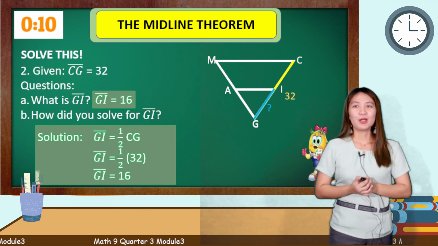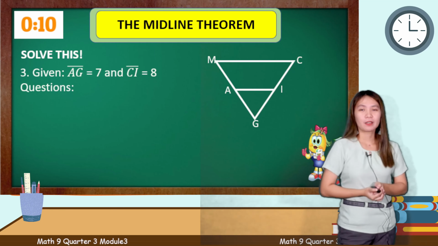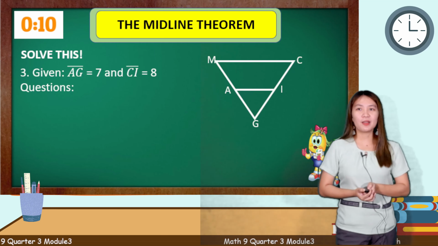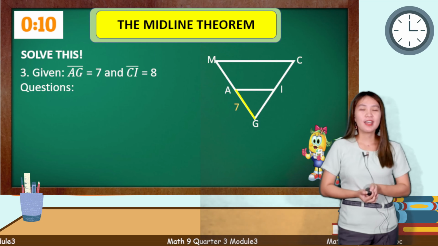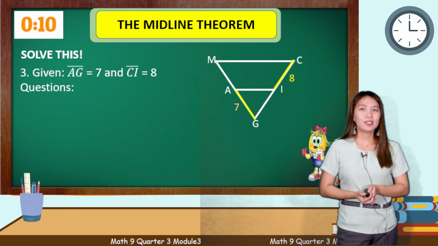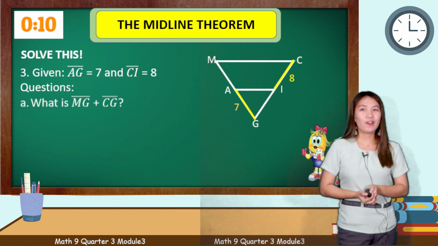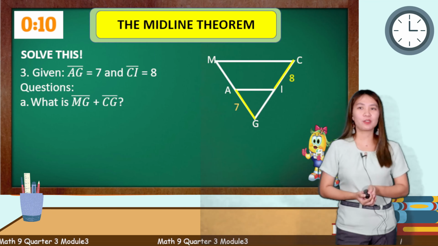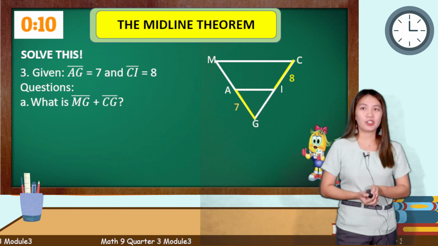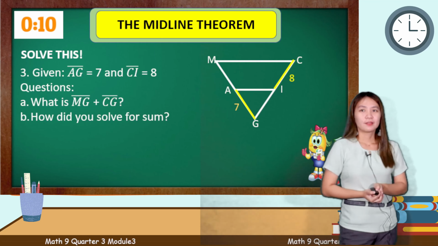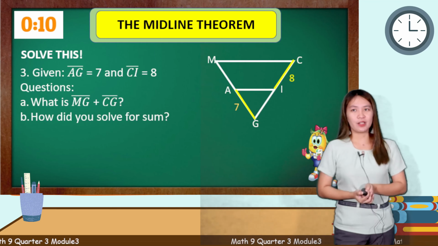Very good. And for number 3, given segment AG is equal to 7 and segment CI is equal to 8, you need to find the measure of segment MG plus segment CG. Again, another 10 seconds for this problem.